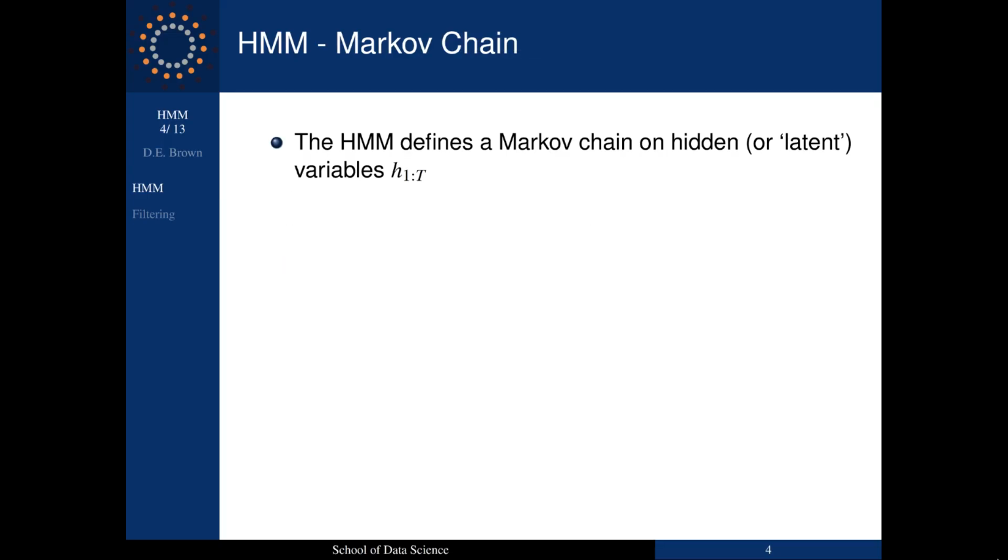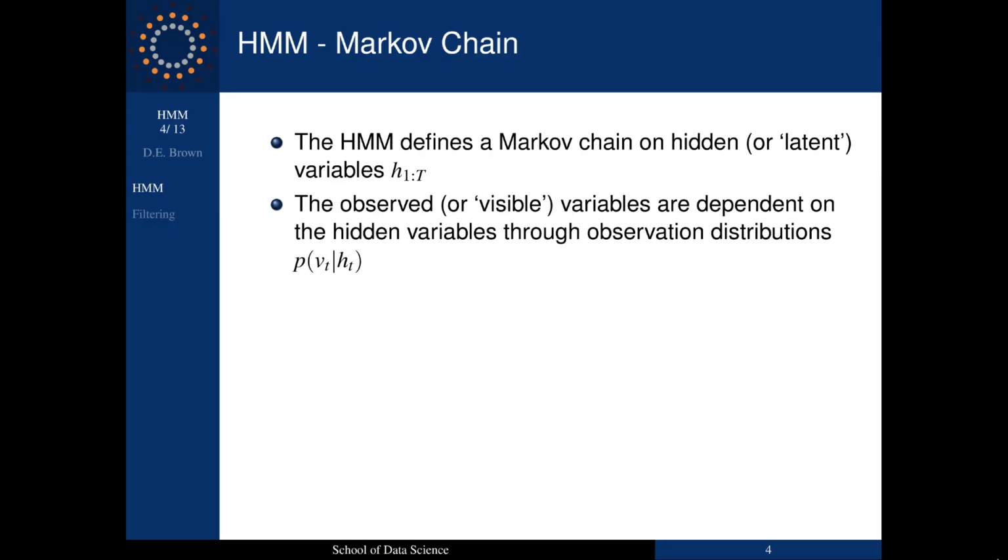The property that we use here is, again, a Markov property, and we use it particularly for these hidden or latent variables. That's where the Markov property has its real application. The observed or visible variables are dependent on these hidden variables, as we saw in our Bayesian networks, through conditional probabilities.